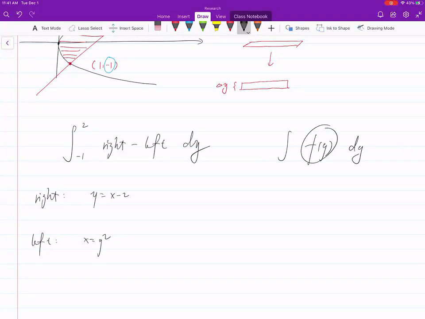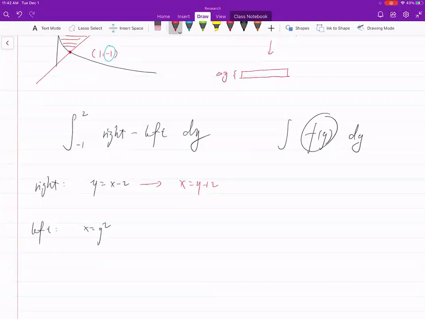When we do u sub, you cannot have a du and then you have x there. Or you cannot have a u there and then you are doing dx. It's not going to be doable. So you better write everything, which is fine. Also, you want to write them in terms of a function of y. So don't use this, but use this instead. It's the same line, right? It's the same line, but this is the function of y. So that's the right. And this is already a function of y.